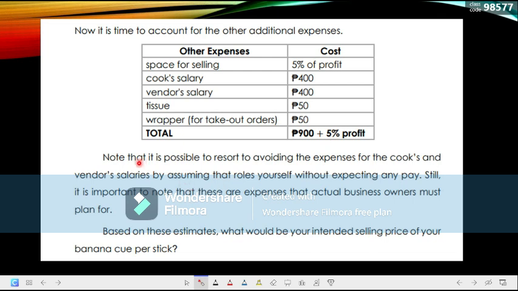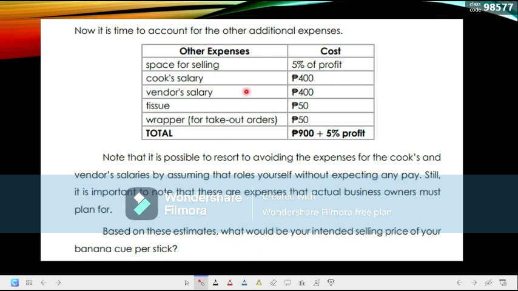Okay. Note that it is possible to avoid the expenses for the cook's and vendor's salaries by assuming those roles yourself without expecting any pay. Still, it is important to note that these are expenses that actual business owners must plan for. Okay? So based on these estimates, what would be your intended selling price of your banana Q per stick?